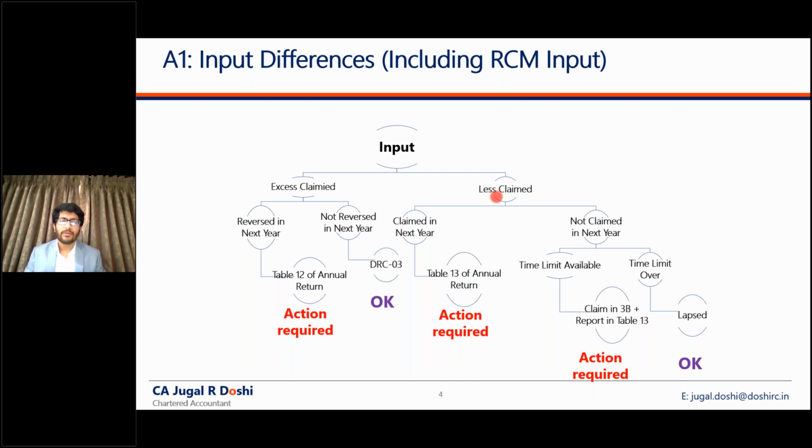We should give appropriate disclosures. The reason for having this alternate approach is that when we insert data in table 12 and table 13 of the annual return, we are not sure what action the GSTN takes at its back end on the information presented in these tables.